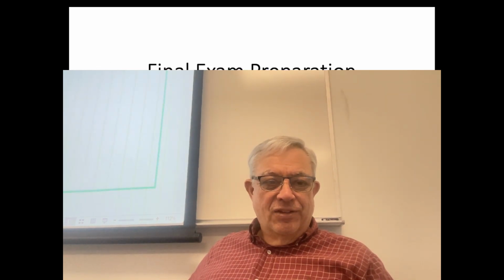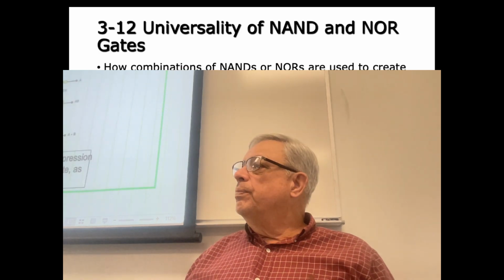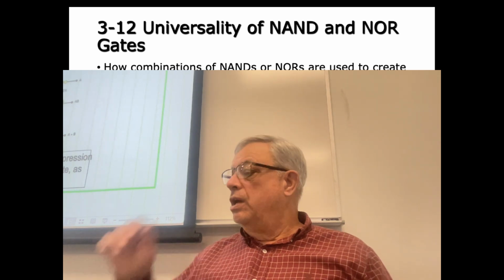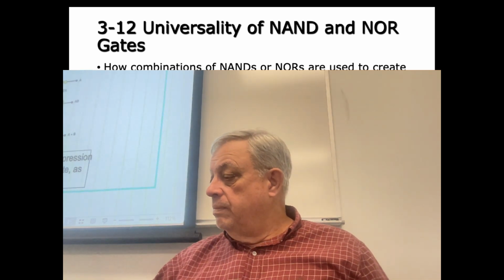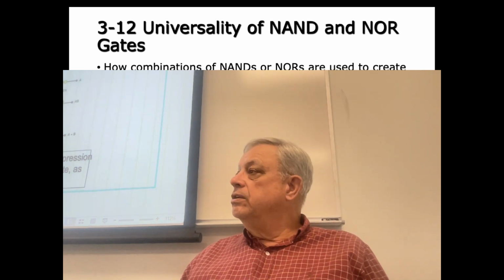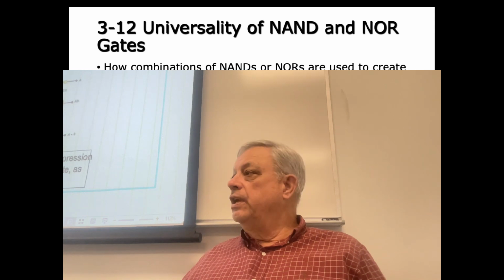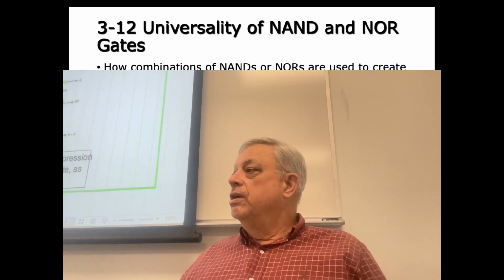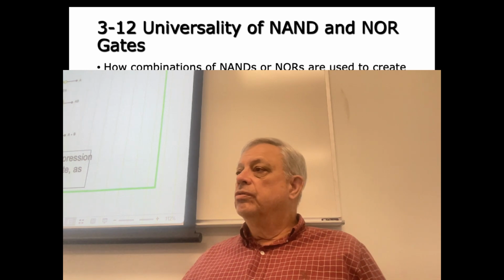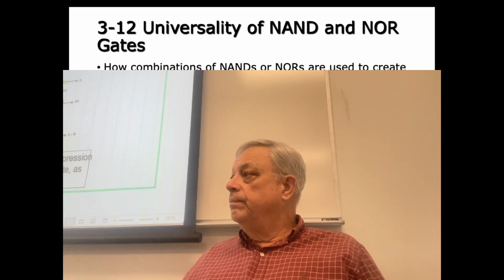Okay, so let's begin. One of the important details we looked at was that in industry, we can create any fundamental gate we want from either a NAND gate or a NOR gate, or a combination of NAND gates and NOR gates. This gets to be very helpful when we realize that a single 14-pin chip has 4 gates on it.